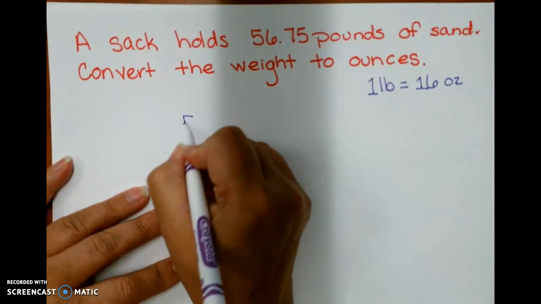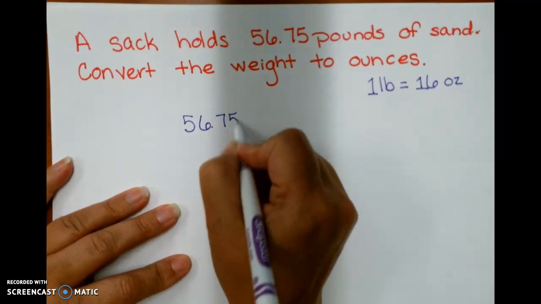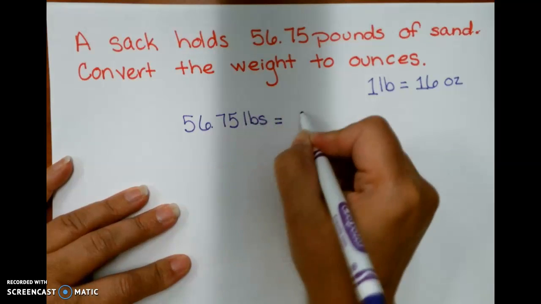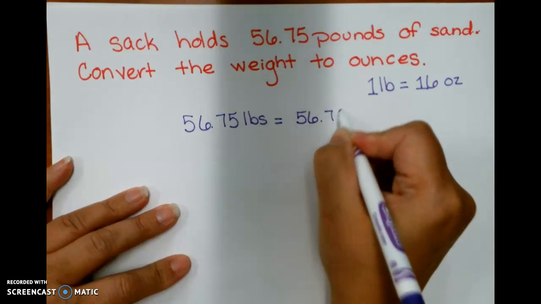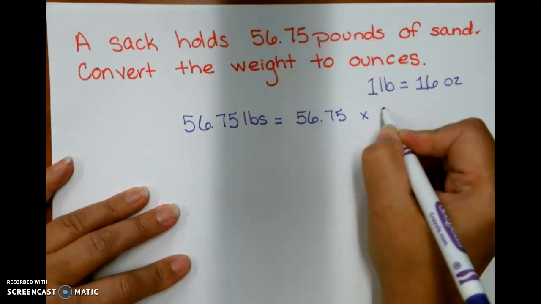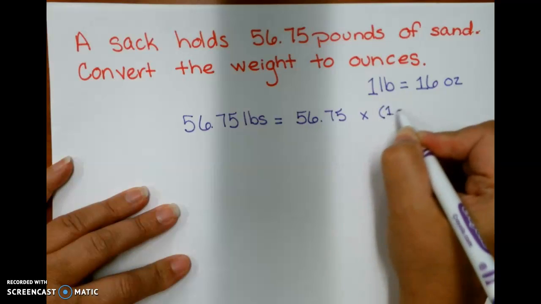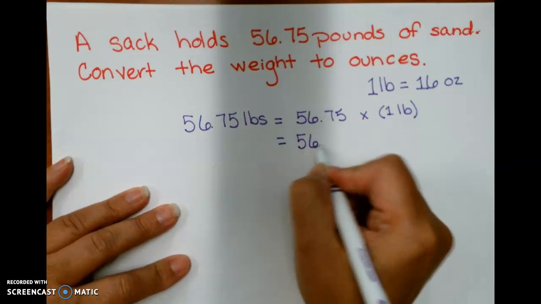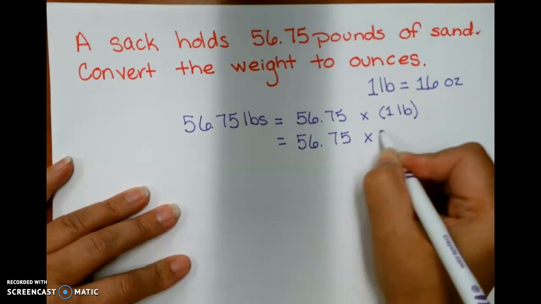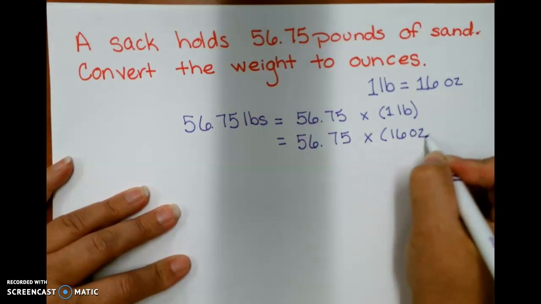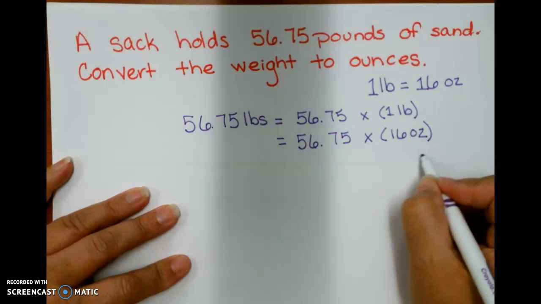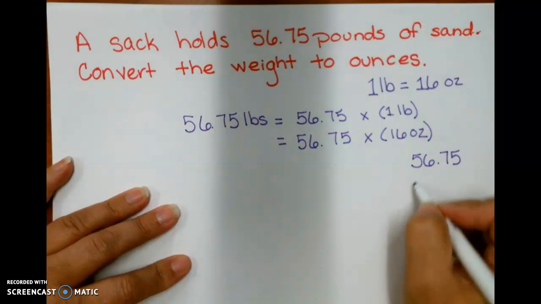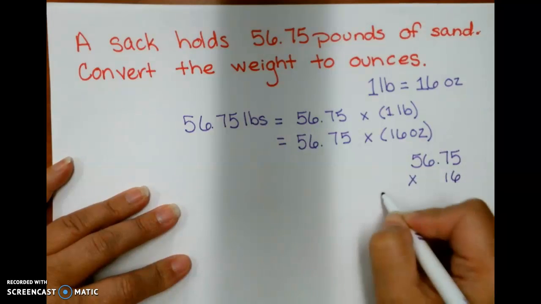So 56 and 75 hundredths pounds is equal to 56 and 75 hundredths times 1 pound, which is equal to 56 and 75 hundredths times 16 ounces. So now I need to multiply 56 and 75 hundredths times 16.